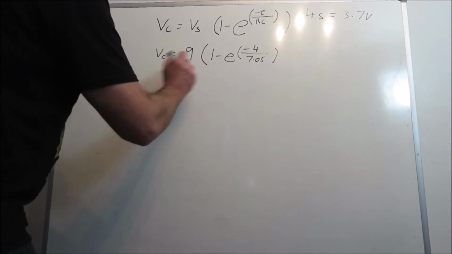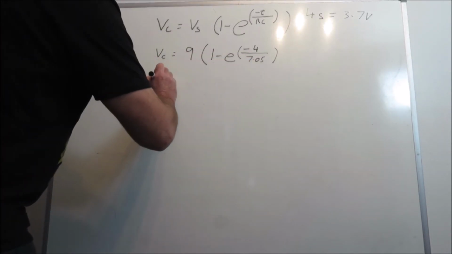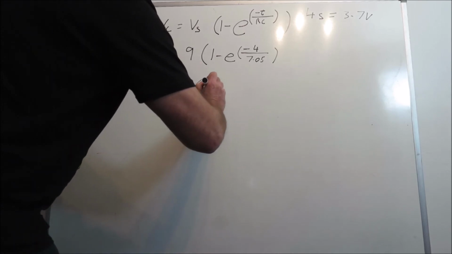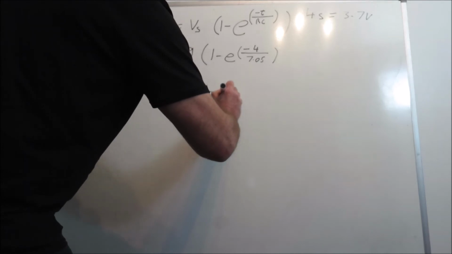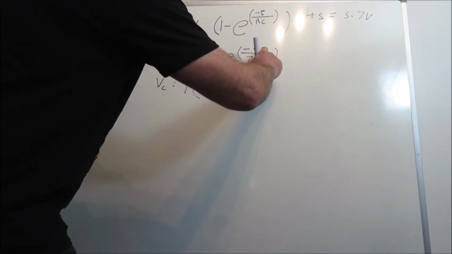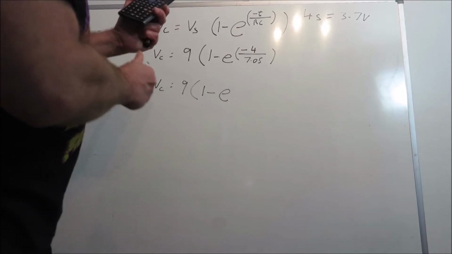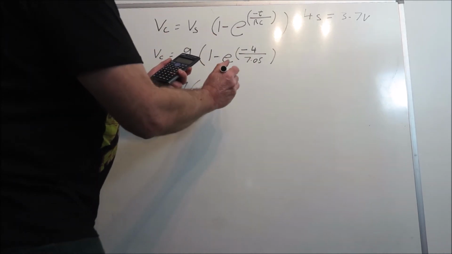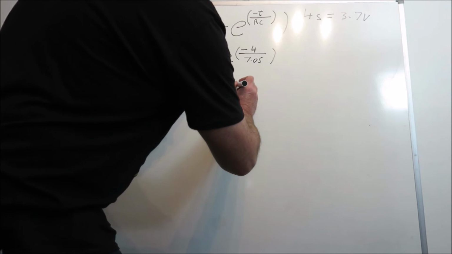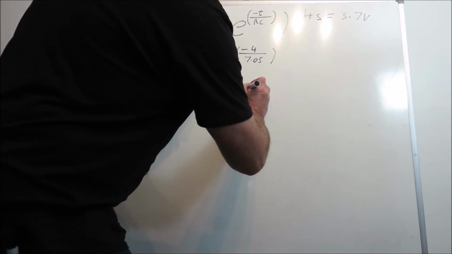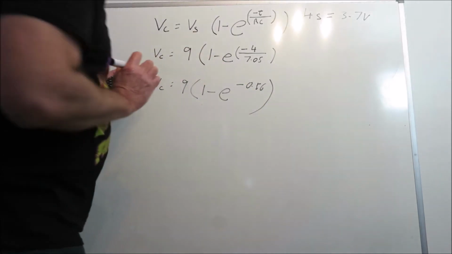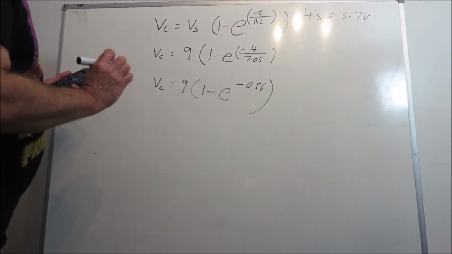So if we work out that first, voltage over the capacitor equals 9 brackets 1 minus e, and if we work out minus 4 divided by 7.05, that would give me e to the minus 0.56. So we should be getting there slowly now.